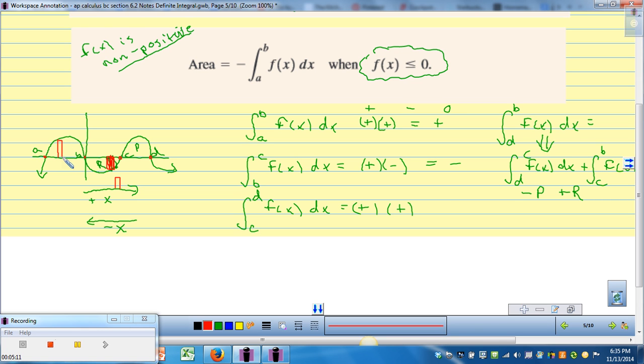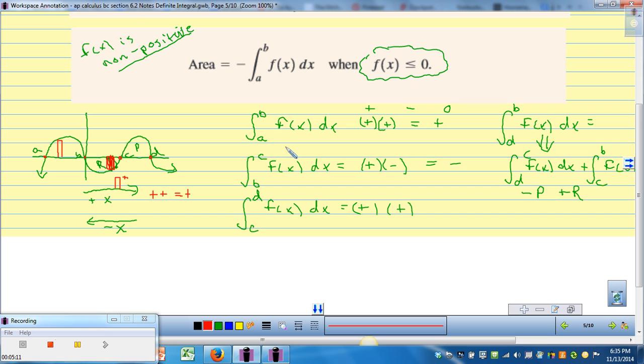That's a representative rectangle. So to find the area of that rectangle, we're moving from A to B, so that's in the positive x direction, and the y value, or the function, is above the x-axis, so that is a positive function value. So we basically have a positive times a positive, if we were doing base times height for this rectangle, giving us positive area.